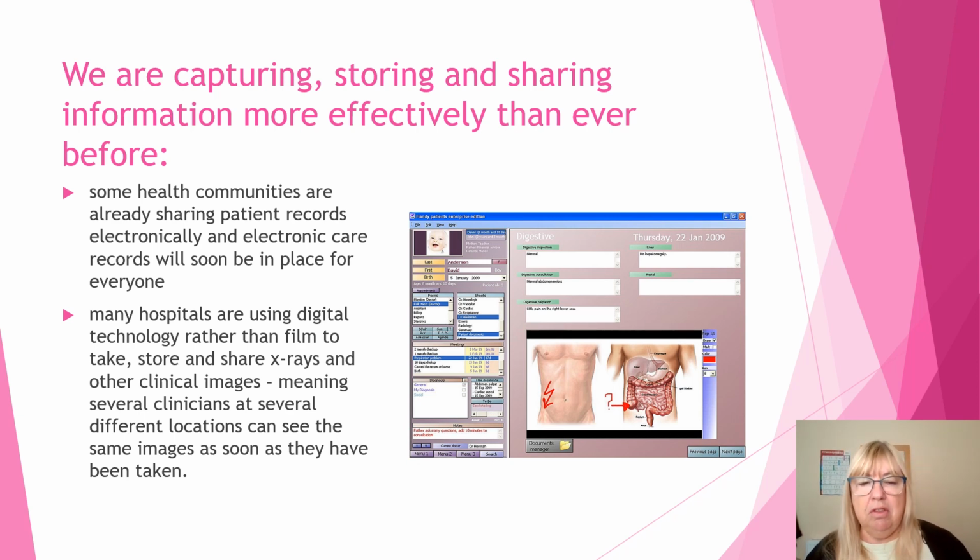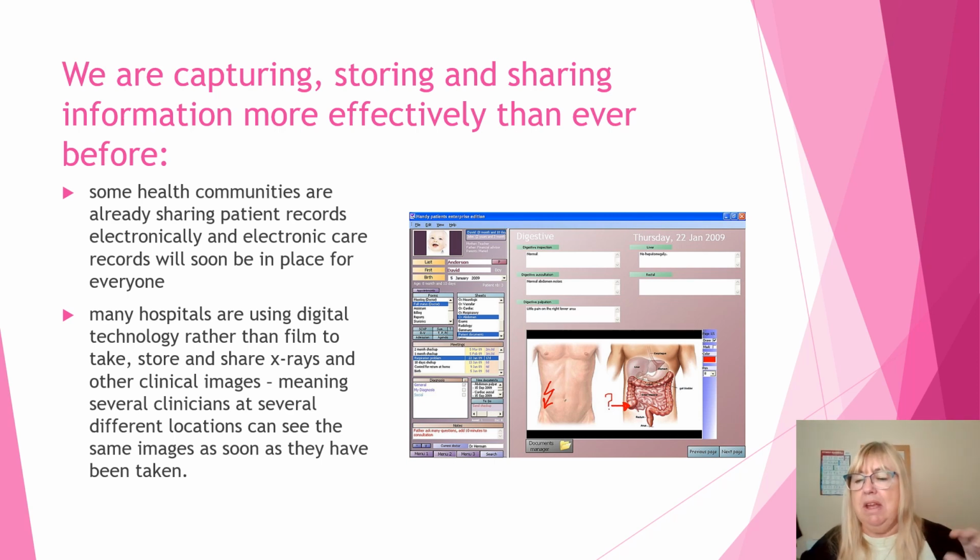Another thing that's developed as well is digital technology for X-rays and other clinical images like MRI scans, CT scans, ultrasounds, all those sorts of things, which are taken basically as pictures, and they are now stored as pictures.